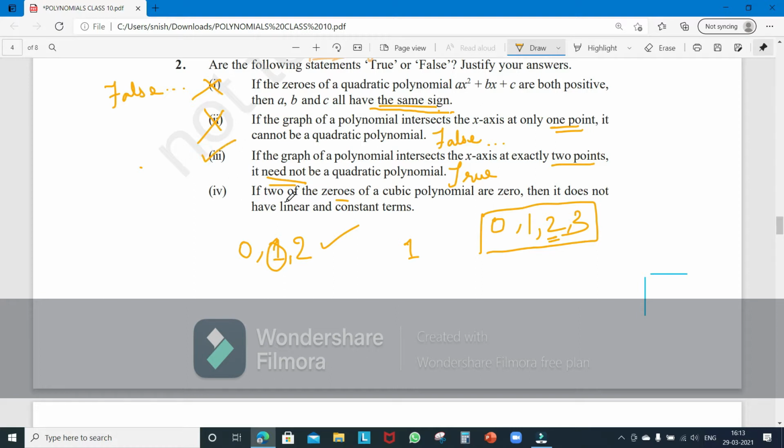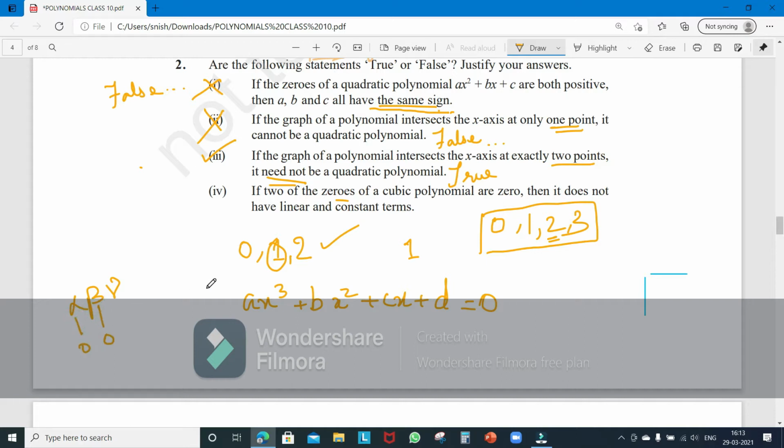Okay, if two of the zeros of a cubic polynomial are 0, then it does not have a linear and a constant term. Let's see. Suppose this is the equation of a cubic polynomial: a x cube plus b x square plus c x plus d equals 0. Now if alpha, beta and gamma are the roots, let's assume alpha and beta are 0.